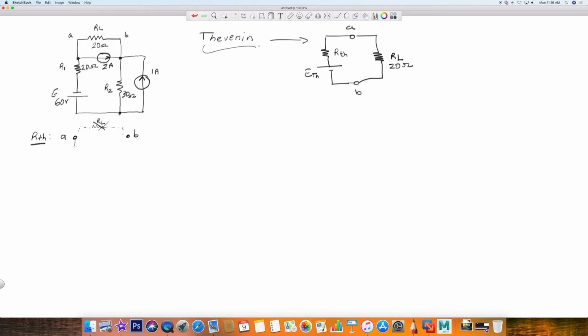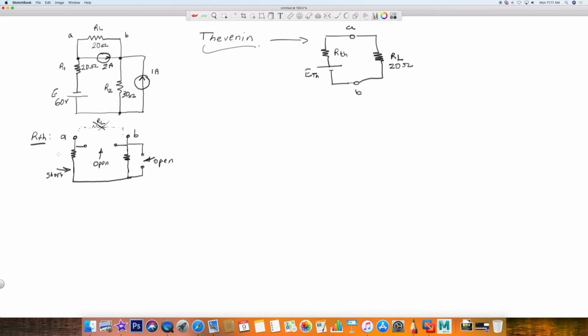Next, we will short all voltage supplies and open all current generators or supplies. So this is an equivalent circuit of what I just stated, by shorting the voltage supply and opening the current supplies.